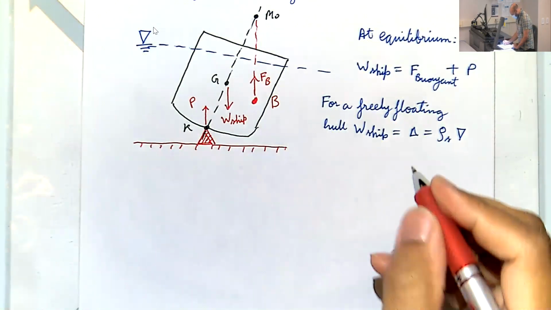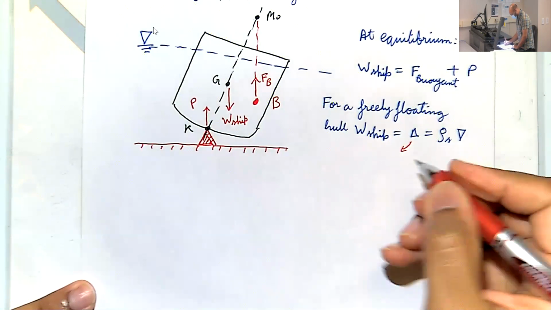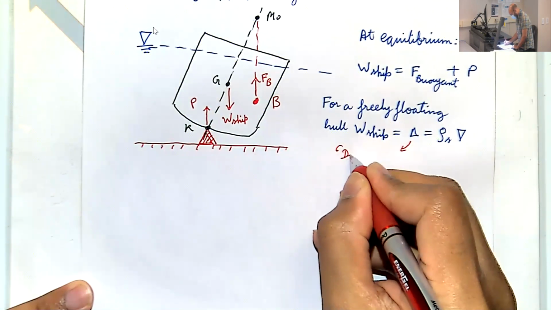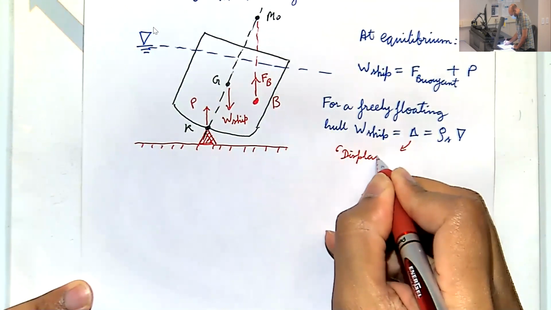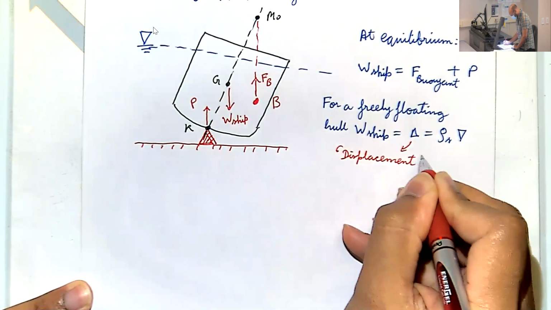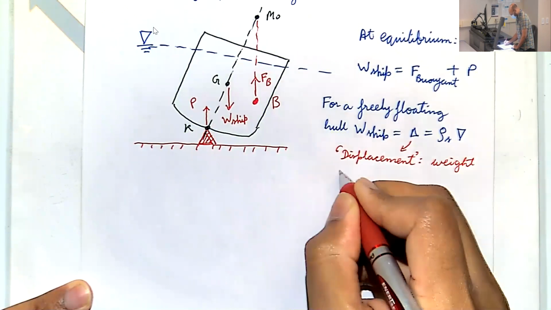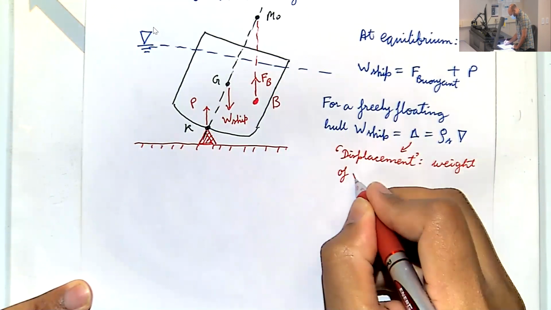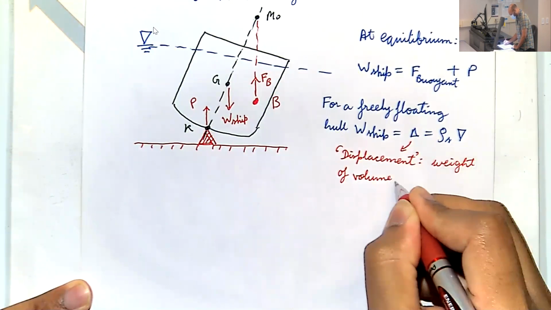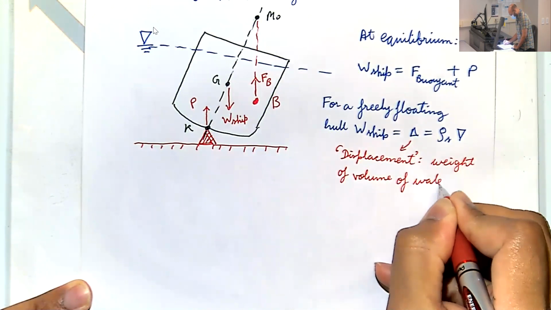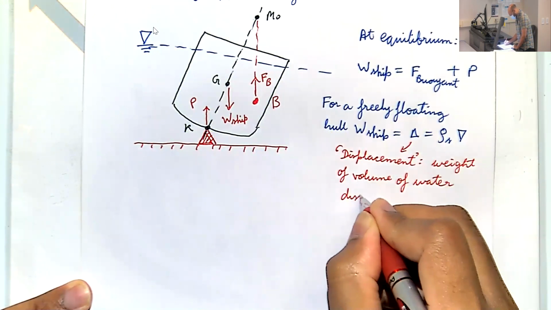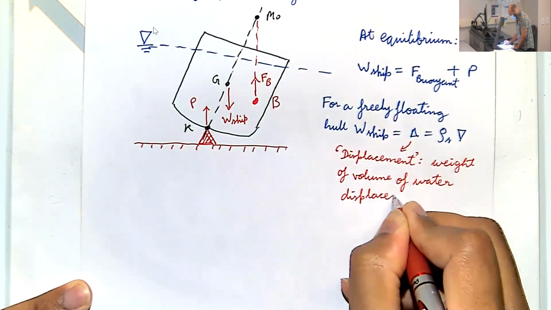Just to completely clarify this, we call this displacement, which is the weight of the volume of water displaced by the hull.